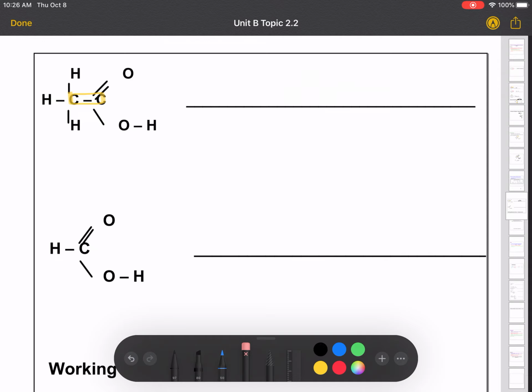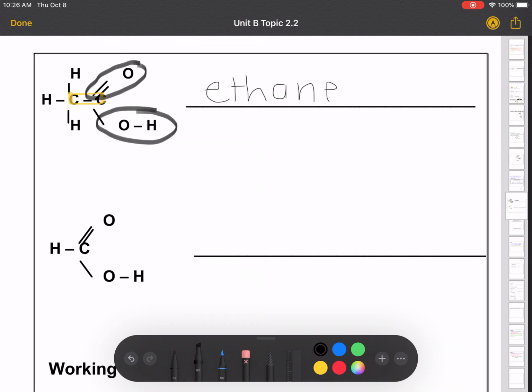And I should put this farther this way because there's nothing we've got to put in front of it. So if we write ethane, and then we notice that there is a double bonded O and a single bonded O, we literally just take that off and write oic acid.